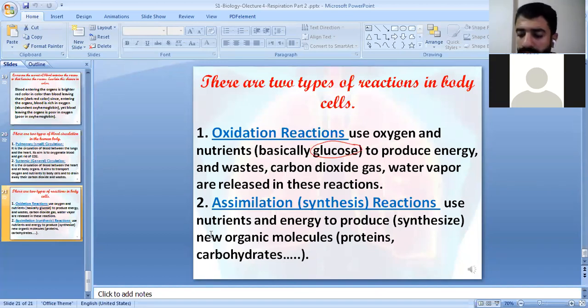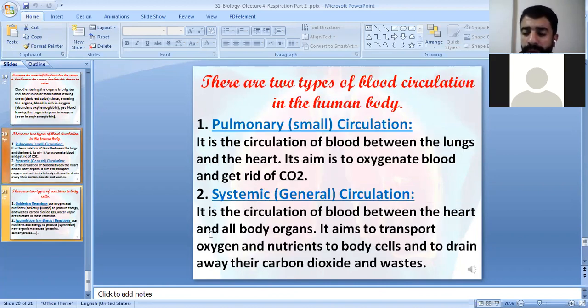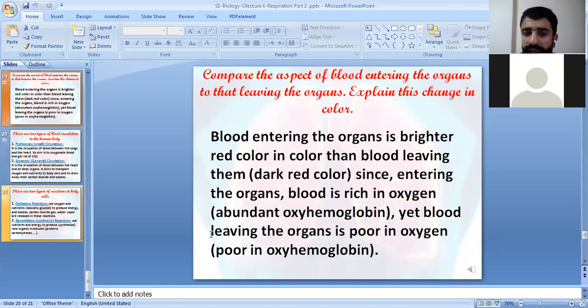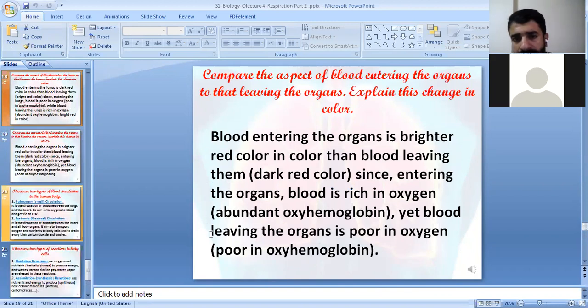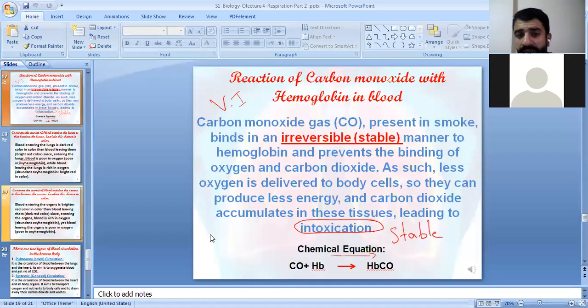So you have to know the different types of reaction. You have to know what the oxidation reaction is, and what the assimilation or synthesis reaction is. You have to know the difference between the pulmonary circulation and the systemic circulation. You have to know the aspect of blood entering the organs, blood leaving the organs, blood entering the lungs, and blood leaving the lungs. You have to know the reaction between hemoglobin and carbon monoxide: it's irreversible, it's stable, it occurs in one direction.